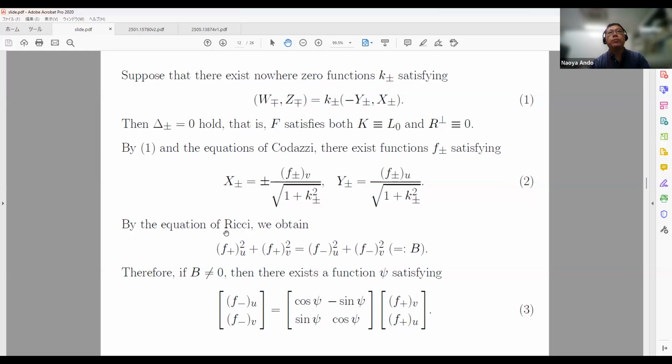By the equation of Ricci, we obtain this relation between small f plus and small f minus. We denote this function by large B. Therefore, if B is not equal to 0, then there exists a function psi satisfying this relation.